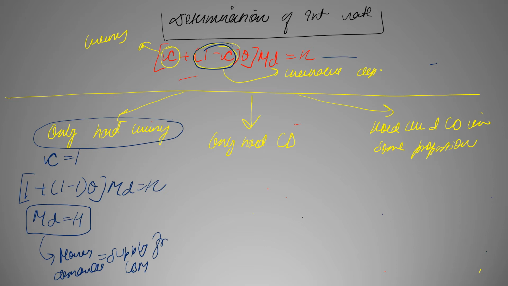Now our next case is when we only hold checkable deposits. So when we only hold checkable deposit, we need to make sure that the currency is 0. So we are going to assume C is equal to 0.